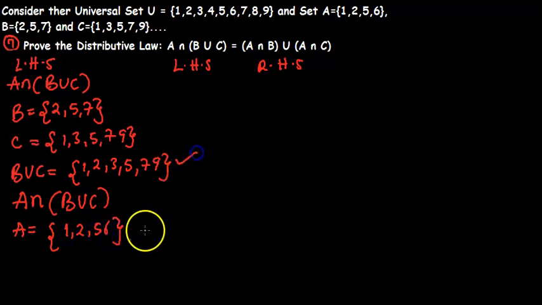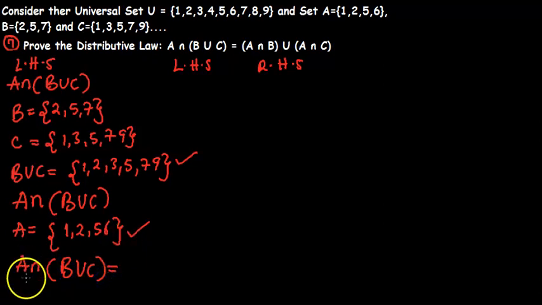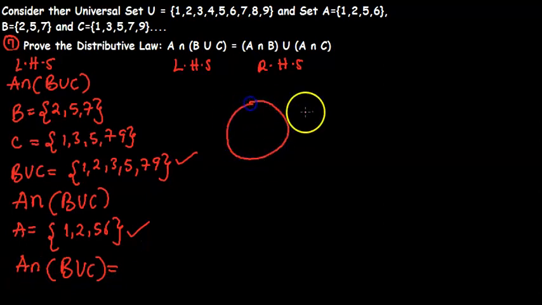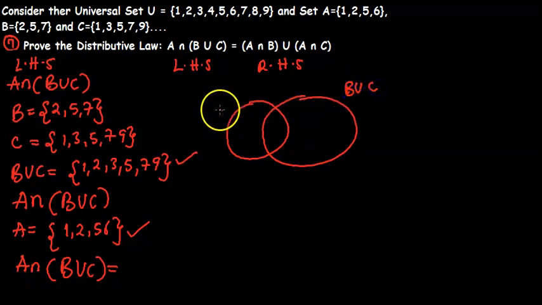This and this, that's what we are looking for. Therefore, A intersection (B union C) is simply going to be, okay, we are asked to find the intersection. Let's assume this is A and this is B union C, and we are asked to find the intersection.